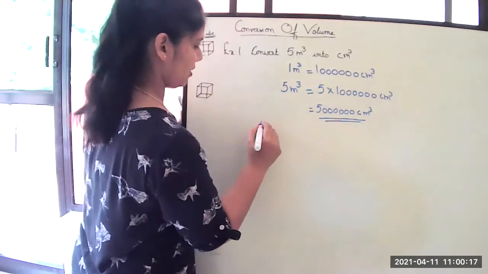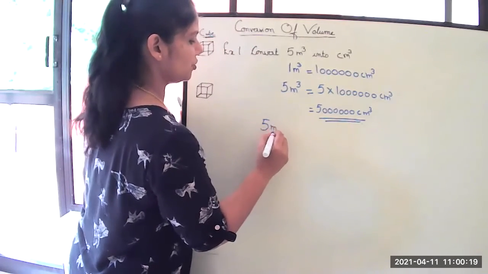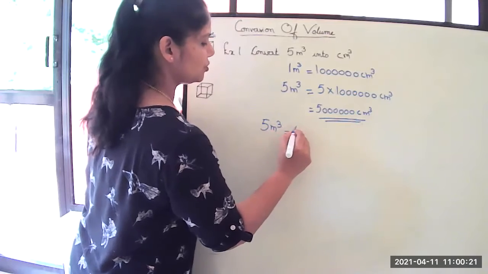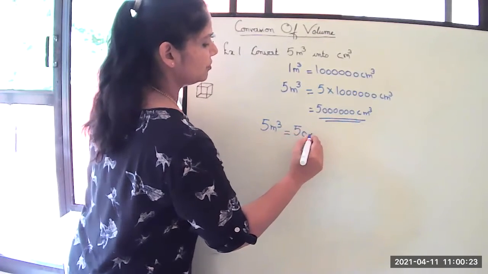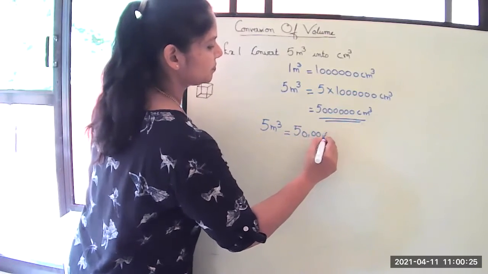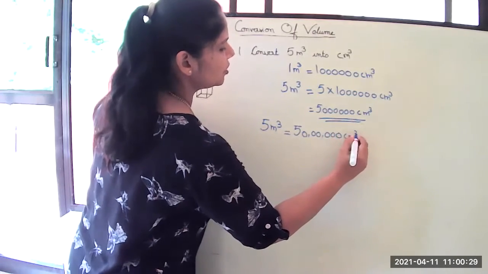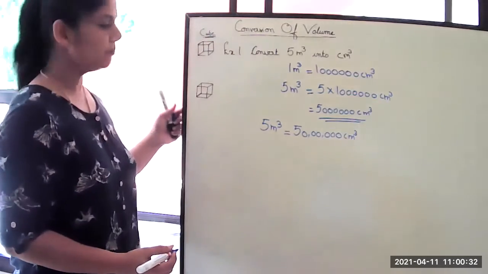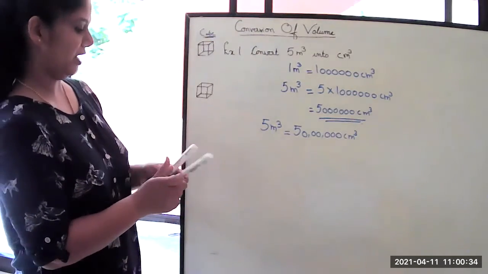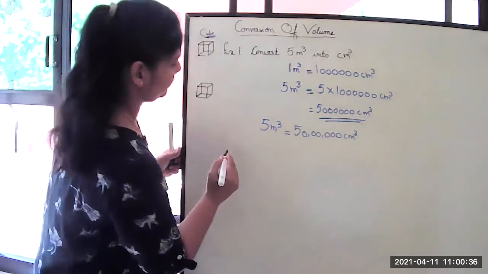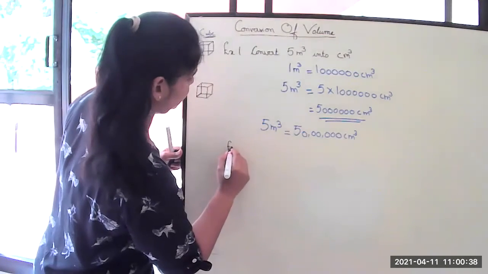Okay, so you can write 5 meter cube is equal to 50 lakh centimeter cube. Okay, so let us do another problem.